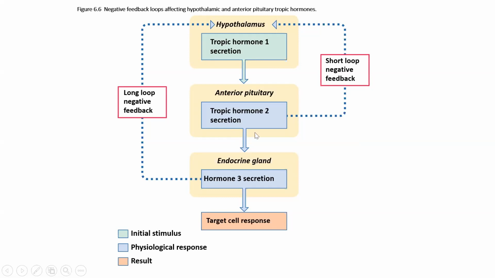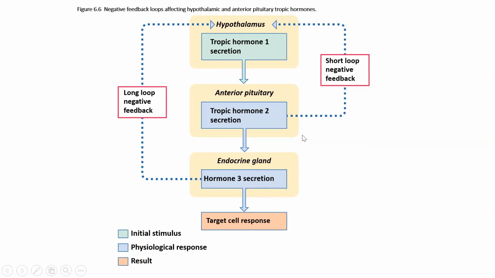The second feedback here is that the anterior pituitary hormone, the second tropic hormone, can also feed back onto the hypothalamus and shut down release of the first tropic hormone. We call this a short negative feedback loop if it's coming from the anterior pituitary's second tropic hormone, or a long negative feedback loop if it's coming from the third hormone, which is being secreted from the endocrine gland itself.